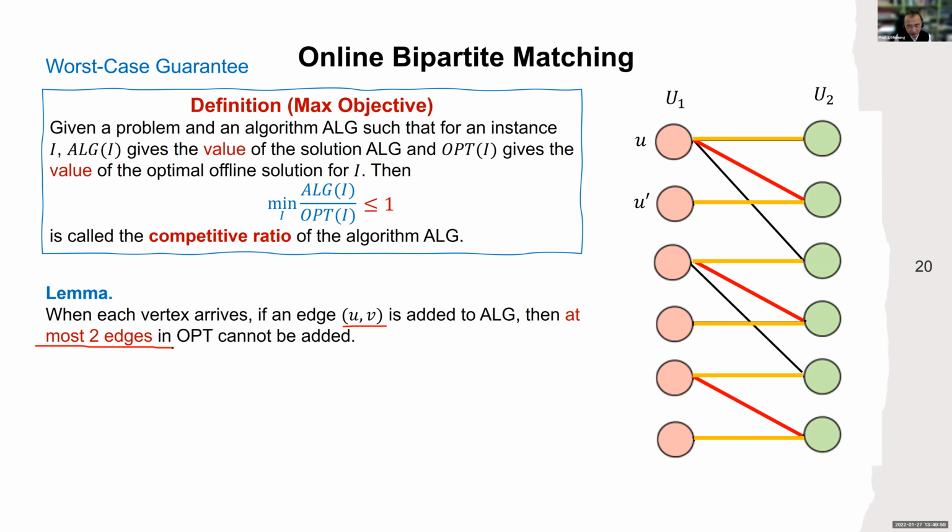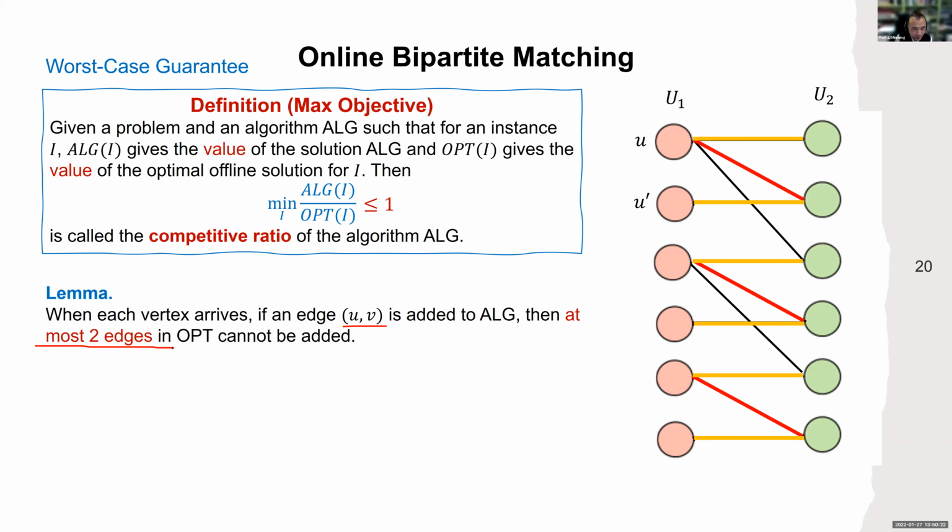So basically, the algorithm just gives up 2 possible candidates in OPT. Every 1 edge in the algorithm will give up 2 edges in OPT. So this is the rationale behind the proof of 2. So the ratio here can be as good as 0.5.